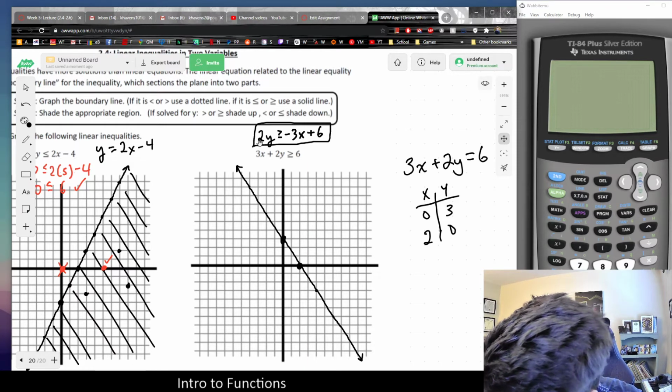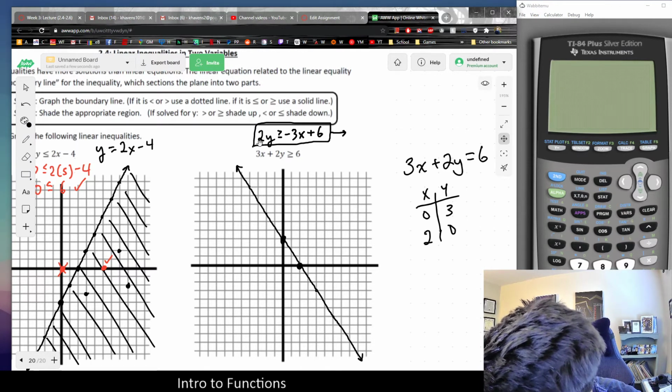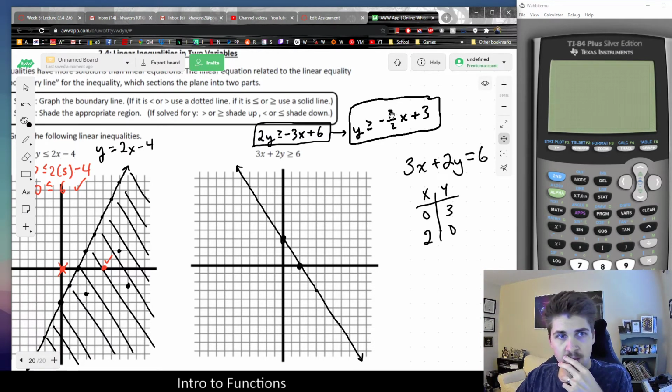And then if I divide it by 2, that would give me y is greater than or equal to -3/2 x plus 3. And so if I put it into function form or slope-intercept form, however you want to call it, we can see that it's y is greater than, which again, greater than means shade up in this case.